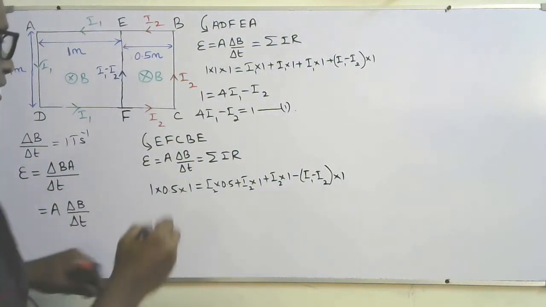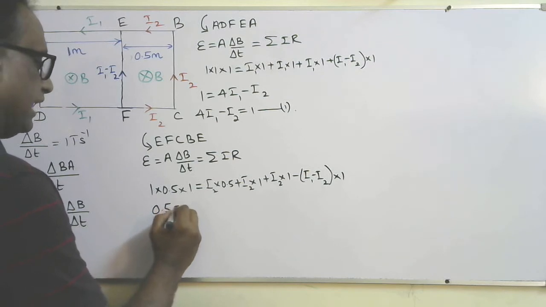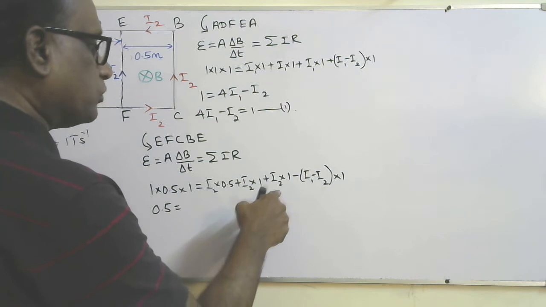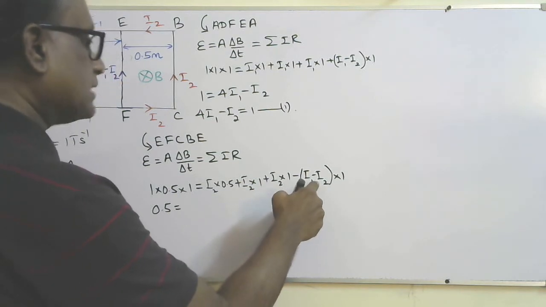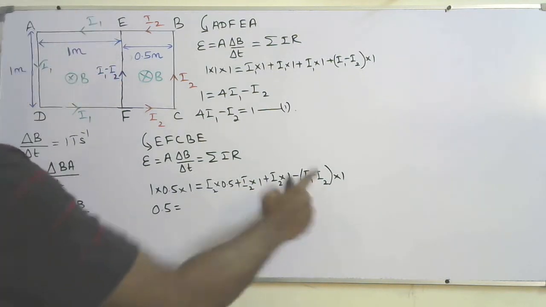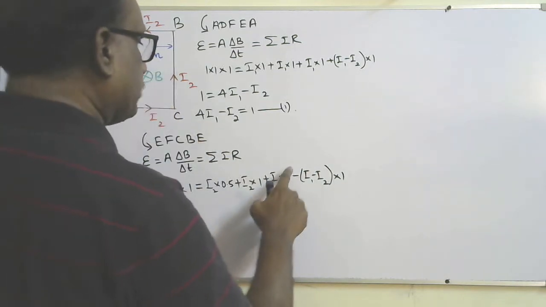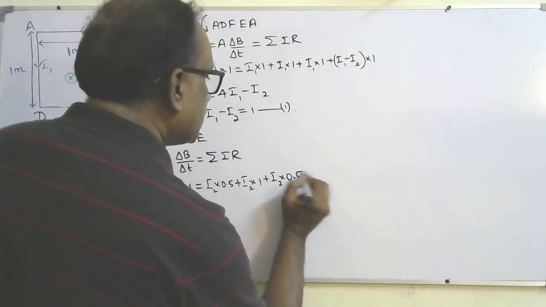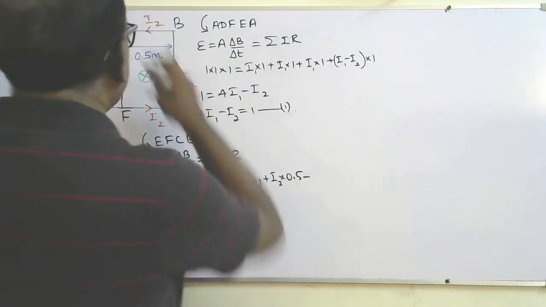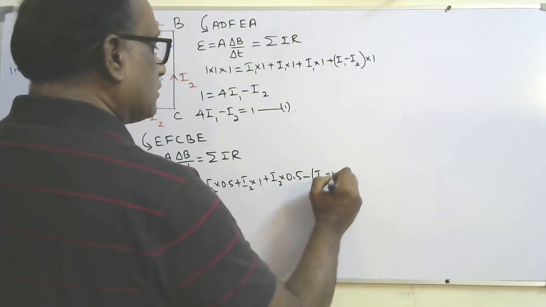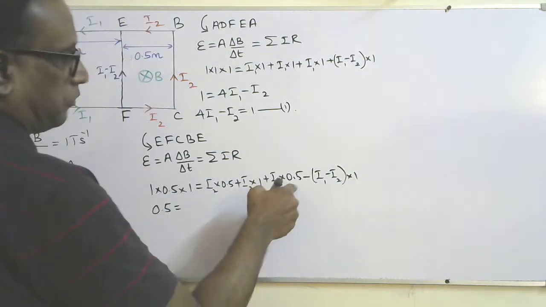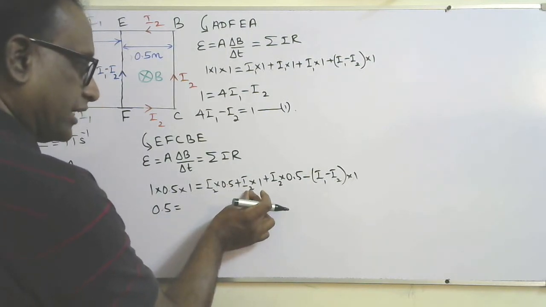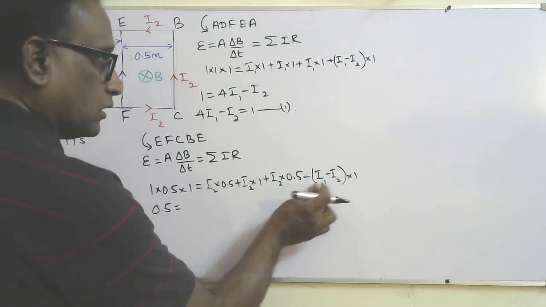So solve this one. So that is 0.5 equal. So here 0.5 I2, 1 I2, so 1.5 I2, 2.5 I2. Minus into minus, that is plus. So this is EB, I2 into 0.5. This is 0.5, so this is I2 into again 0.5, minus here I1 minus I2 into 1. So this is 0.5, this length. So we'll solve it. 0.5 I2 plus I2, 1.5 I2, 2 I2, 3 I2.